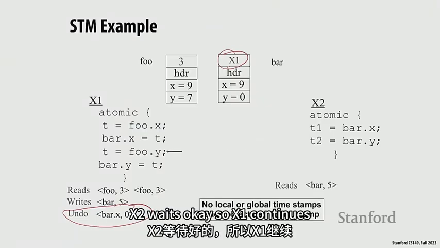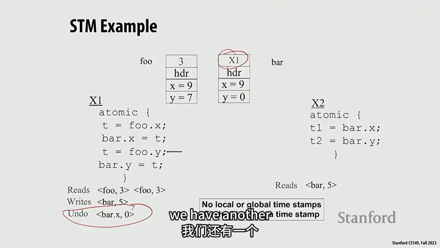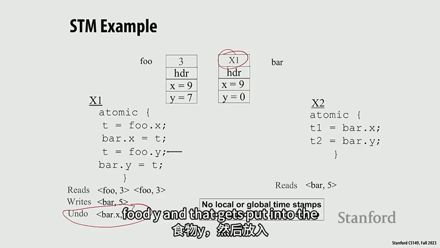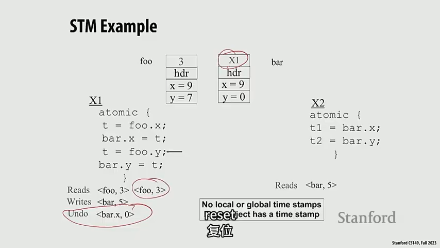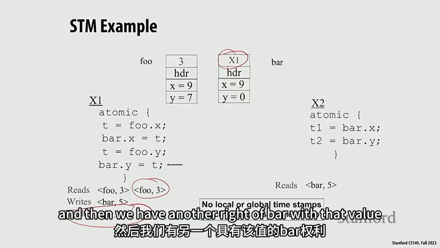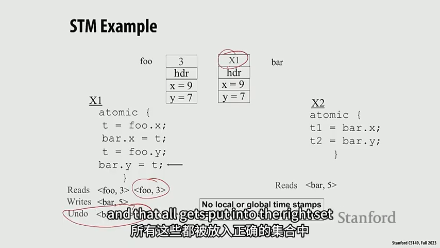Okay, so x1 continues. We have another read of foo, foo.y, and that gets put into the read set. And then we have another write of bar with that value, and that all gets put into the write set. Okay?